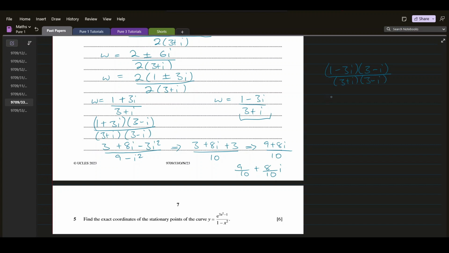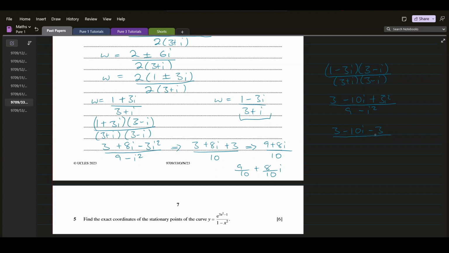So in the numerator, we get 3 minus i minus 9i, which is minus 10i. Then we've got plus 3i squared, and this is over, that's a difference of two squares, 9 minus i squared. So in our numerator, we've got 3 minus 10i plus 3 times negative 1. So that will be negative 3.